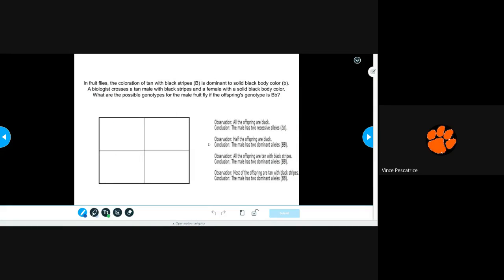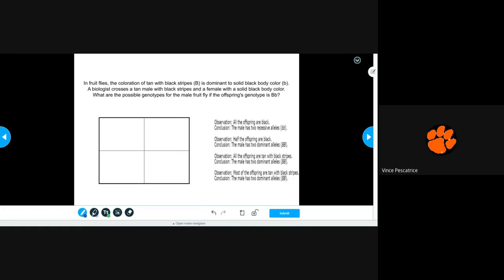This is question 3. All right, in fruit flies, the coloration of tan with black stripes is B, dominant, to solid black body color, b. A biologist crosses a tan male with black stripes and a female with a solid black color.